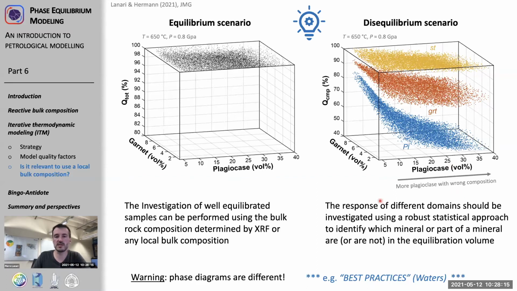So what we could say for this example is that if you use different domains on your thin section, one with a lot of plagioclase and one with few plagioclase, you might realize that something is changing in the quality factors of your model. And this means that maybe you will discover that plagioclase was probably not re-equilibrated at the peak condition. And that's exactly what we simulated here.